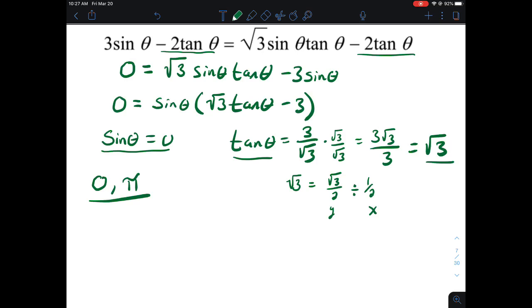So the first place that would happen would be pi over 3. The second place where I could have tangent equaling the square root of 3 would be if both the square root of 3 over 2 and the 1/2 were negative, which would be in quadrant 3. And that would be 4 pi over 3 radians.